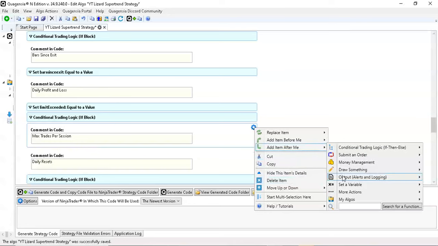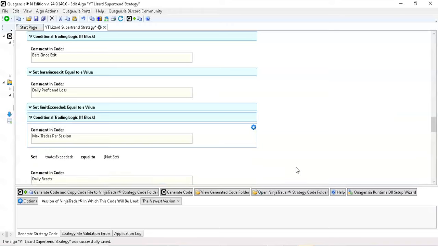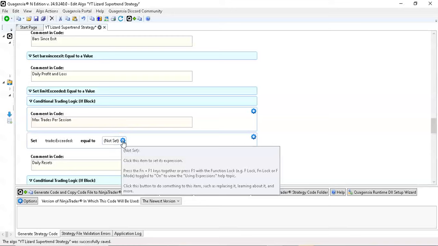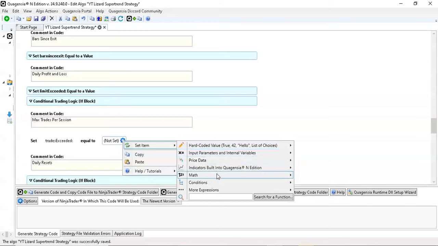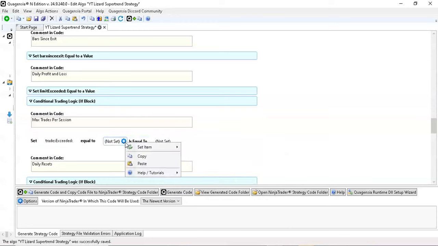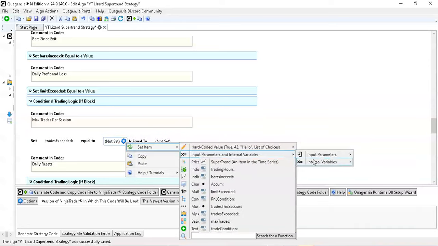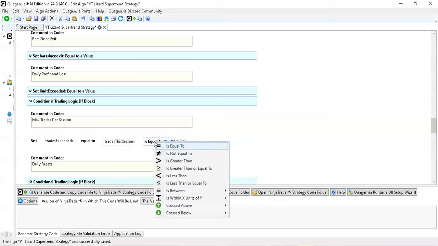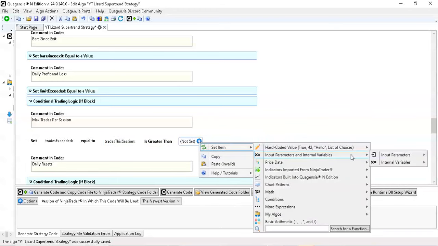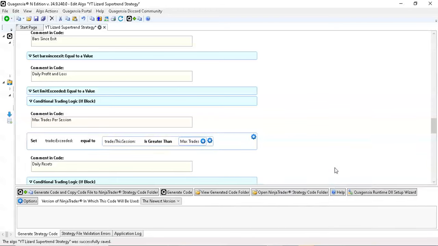After, I'm gonna have to change this to a conditional, standard condition. All right. So we got that one set.